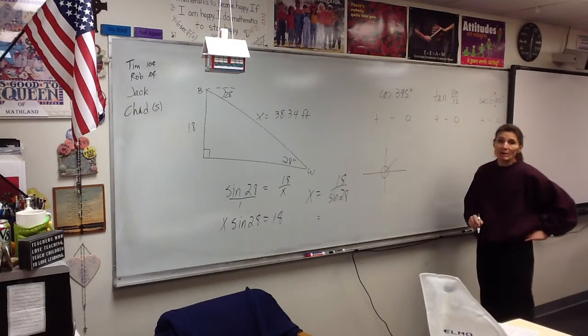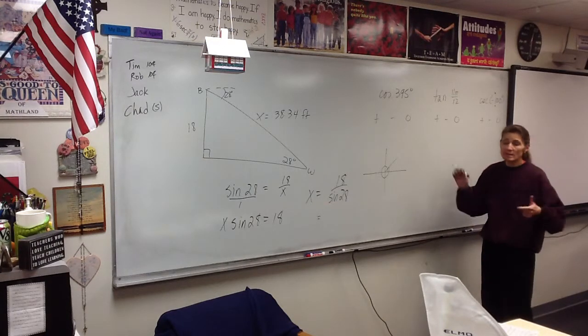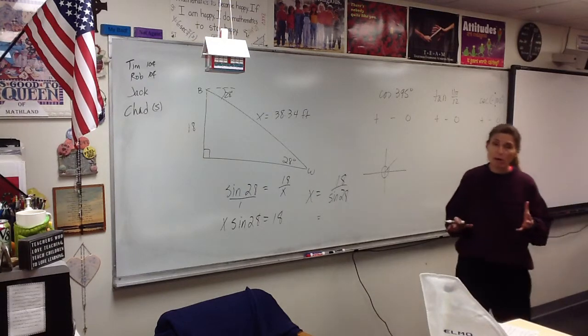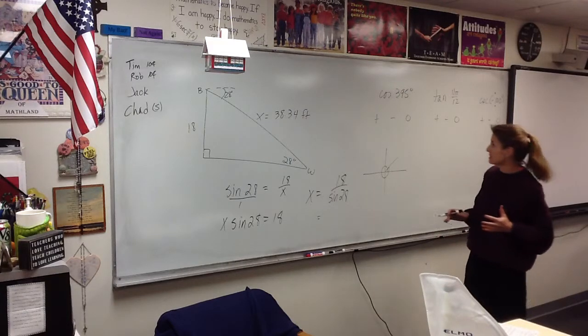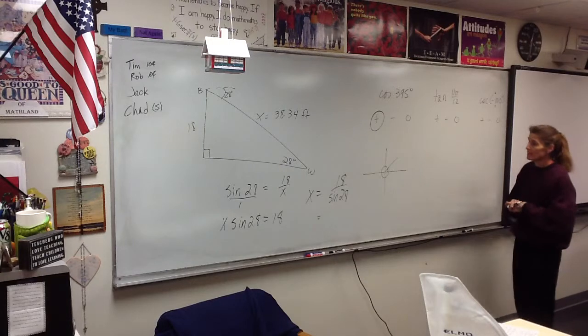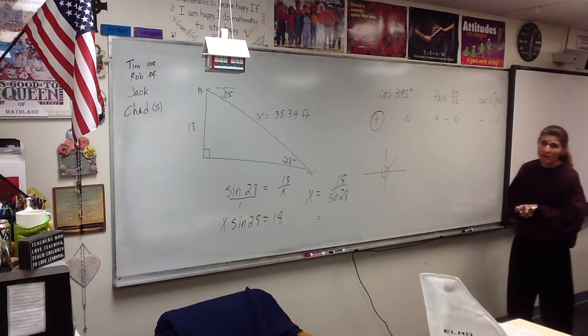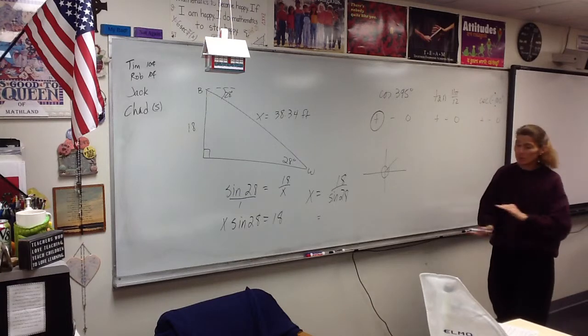What do we know about everything in quadrant 1, kids? Sine, cosine, secant, tangent, everything in quadrant 1 is positive. So the cosine of 395 would be positive. If you are in quadrant 1, you are positive, period.